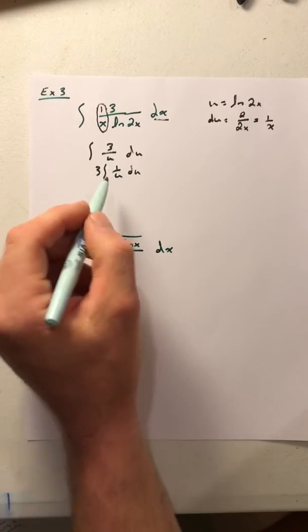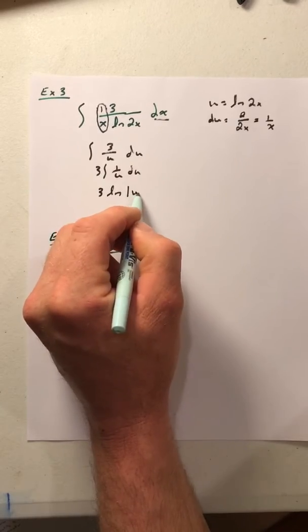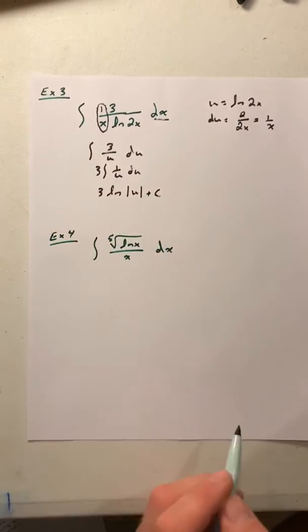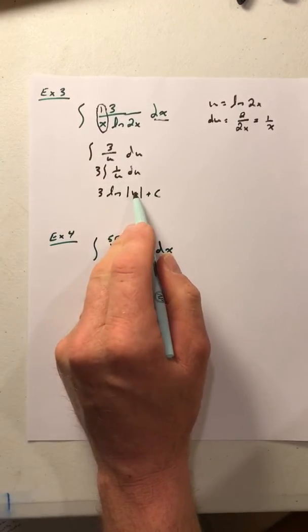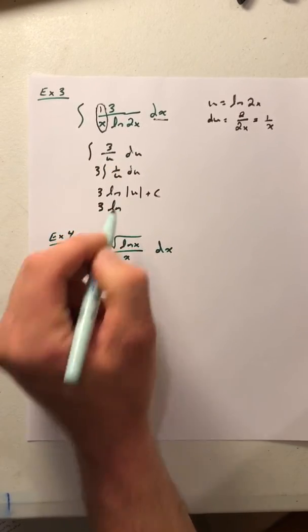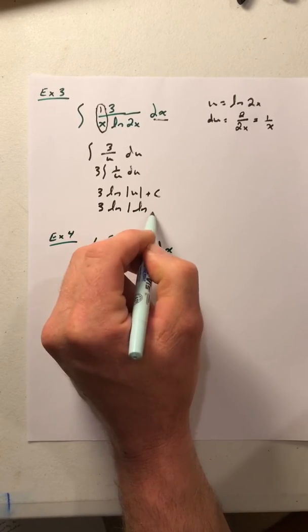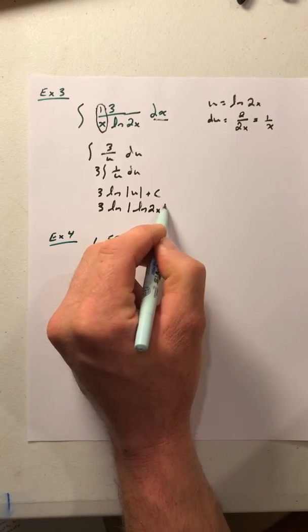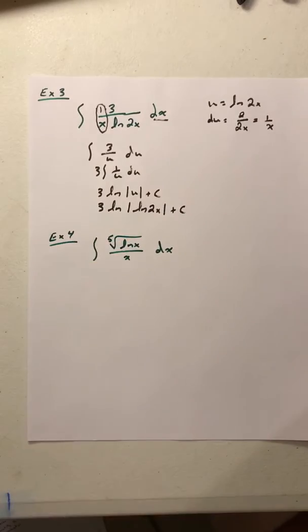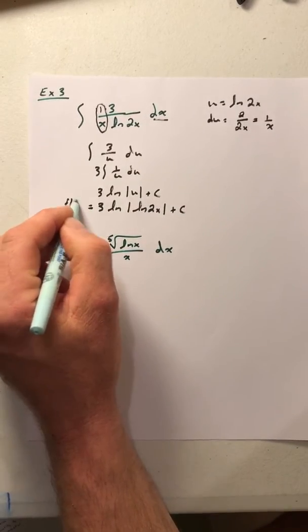The integration of 1 over u, well, that just happens to be the natural log of the absolute value of u plus c. We replace our u with the natural log of 2x. So I had 3 times the natural log of the absolute value of the natural log of 2x plus c. And that's going to be our final answer, our original function f of x.